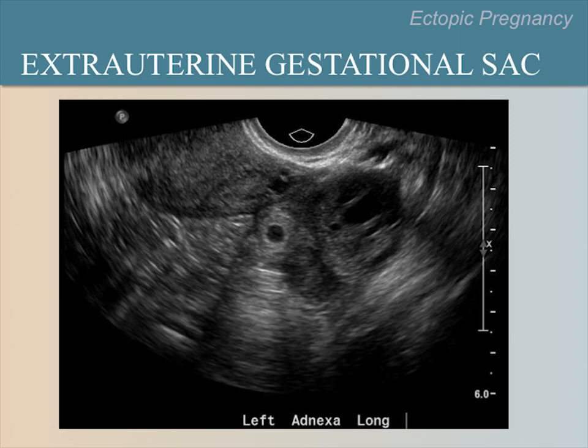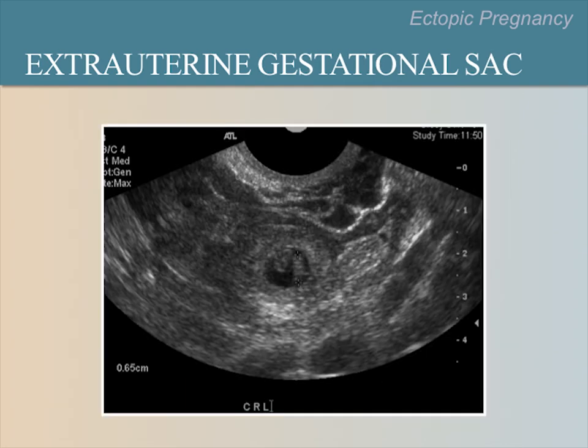Please ask a volunteer to point out these structures and pause the video. Here we have outlined the ectopic pregnancy, ovary, and echogenic fluid around the ectopic and ovary, noted with crosses. This is another example of an extrauterine gestational sac.